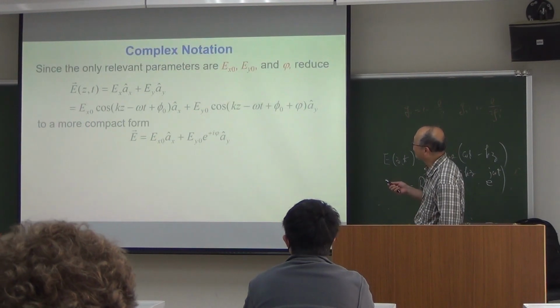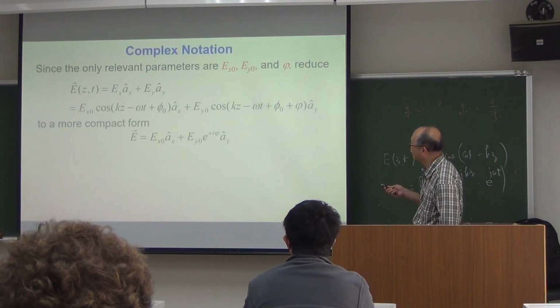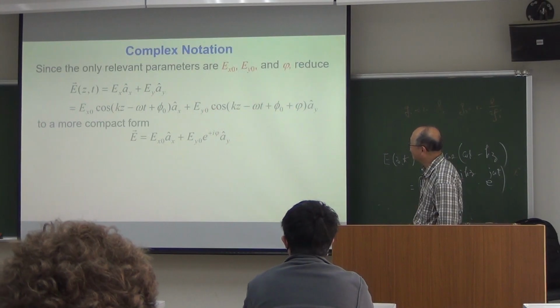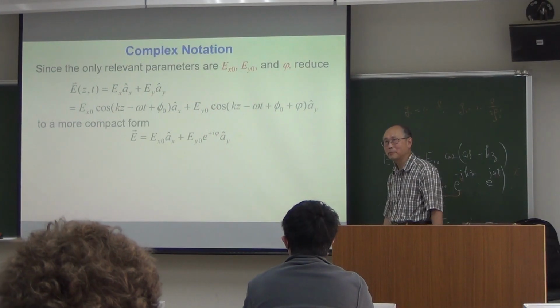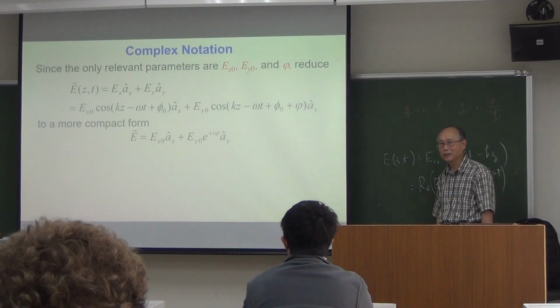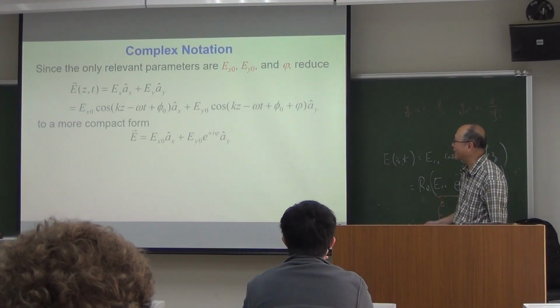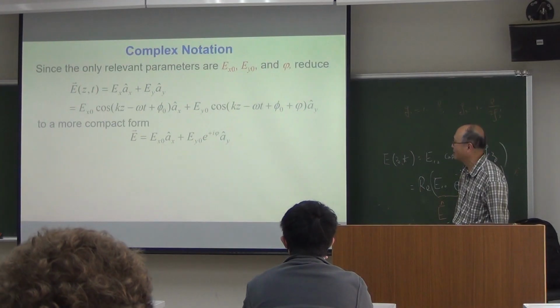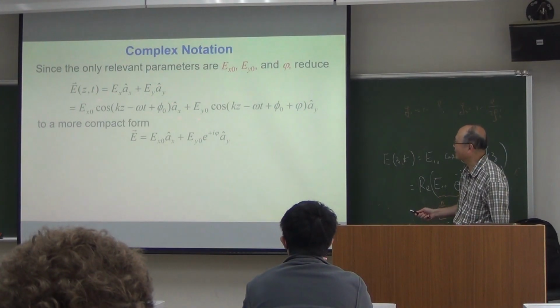So let's look into the amplitude and also the phase. You see that the polarization state of the light is determined by the amplitude and also the phase difference alone. So why not just simplify this into this expression?